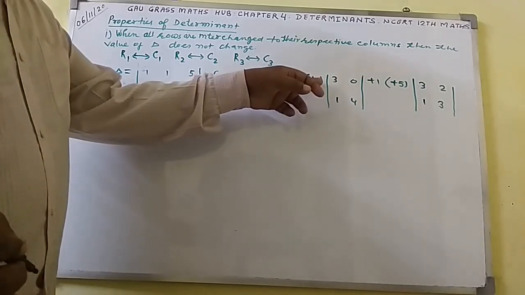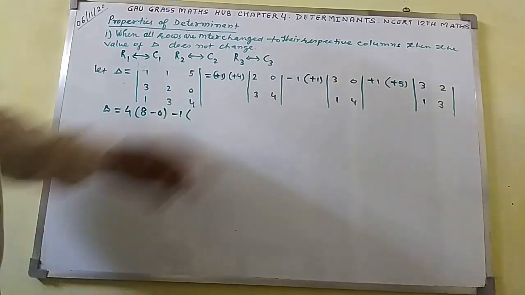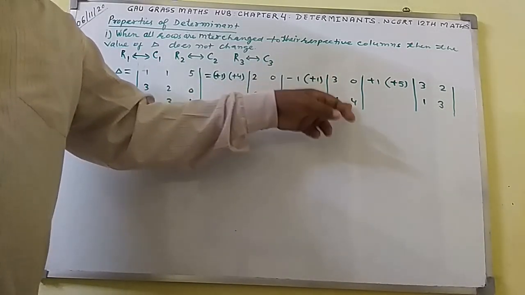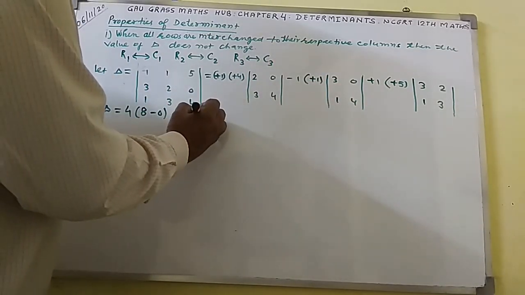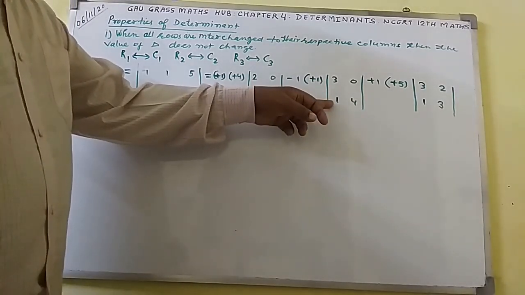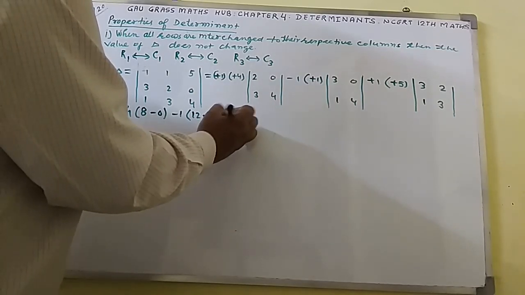Minus 1 multiplied by plus 1 gives minus 1. In bracket, the principal diagonal elements are 3 and 4, which multiply to 12. Minus 1 times 0 gives 0. Then plus 5.